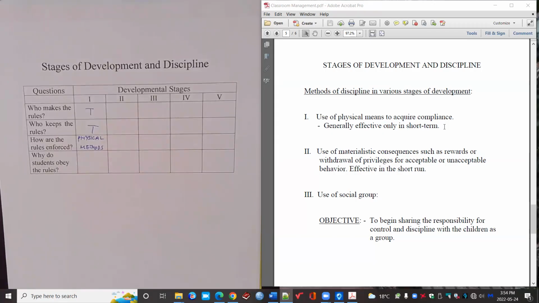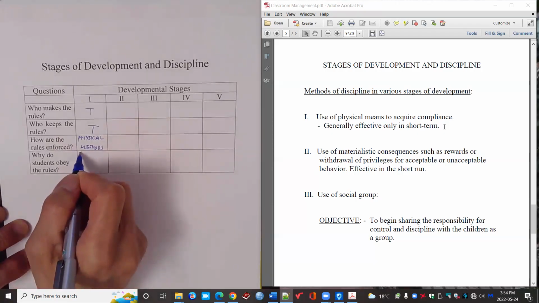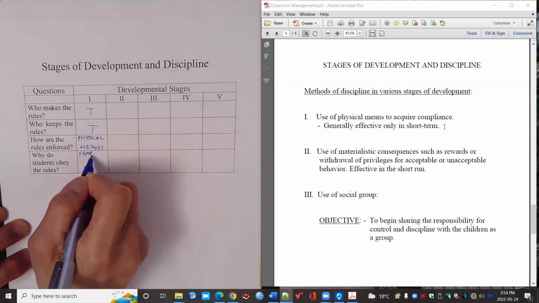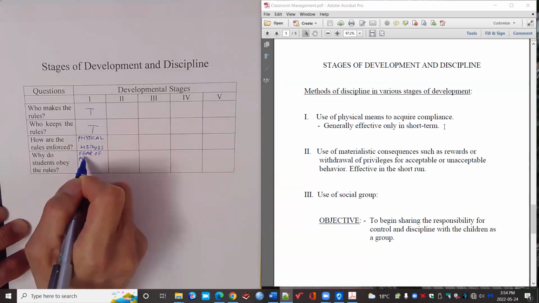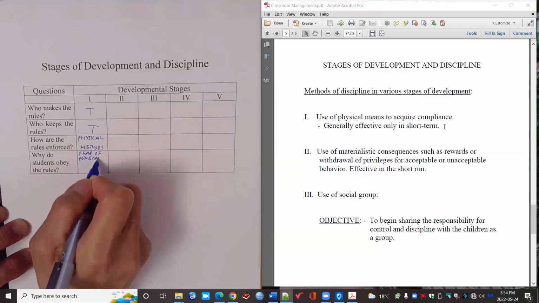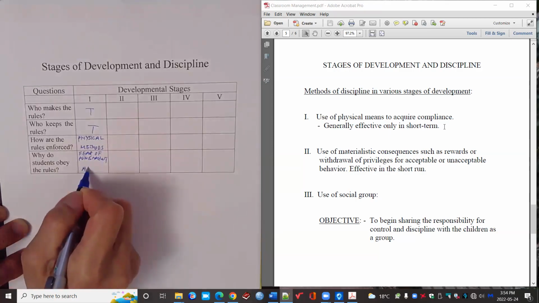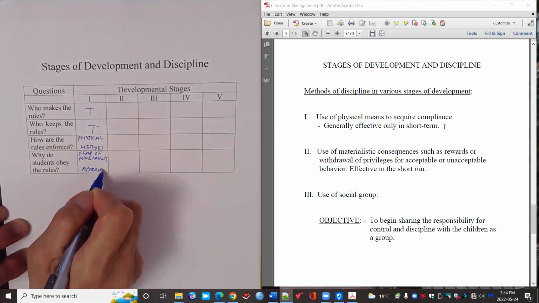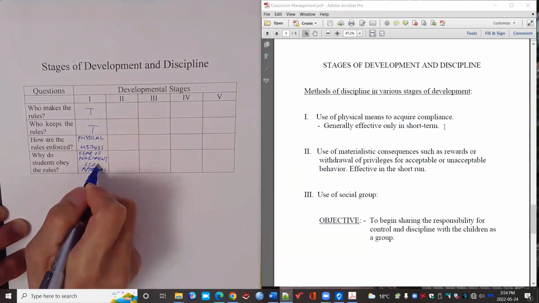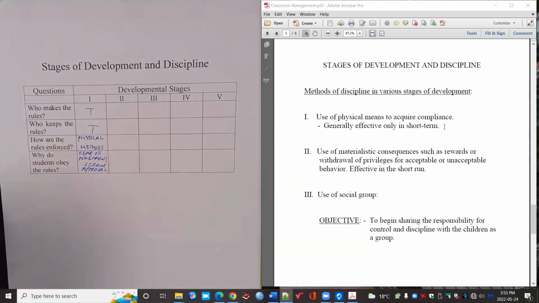Of course, here, out of fear of punishment or to seek physical approval, is that right? So fear of punishment and seeking approval. Right? Good.